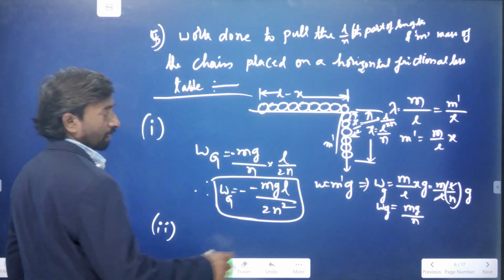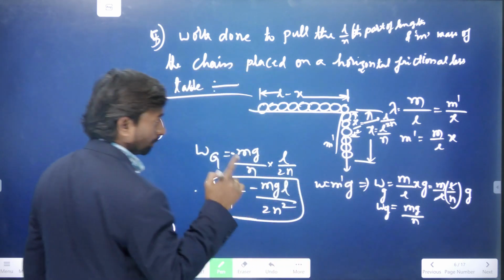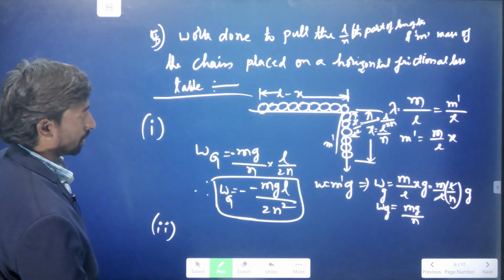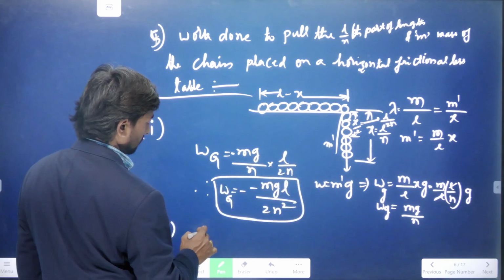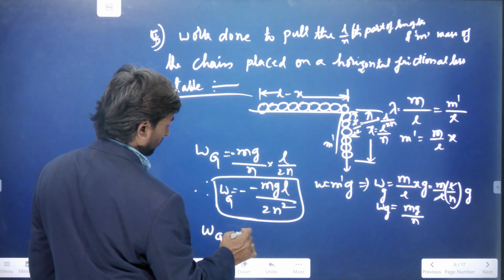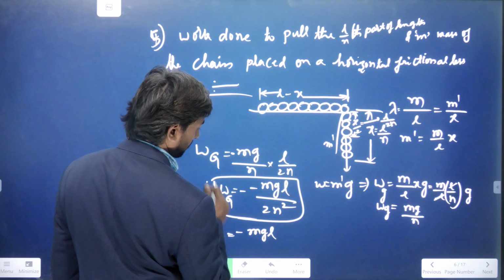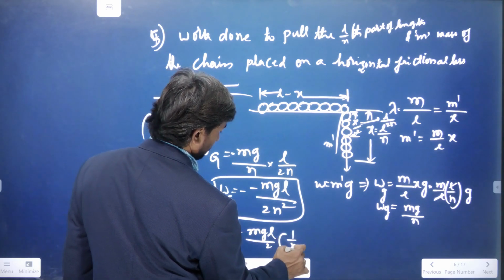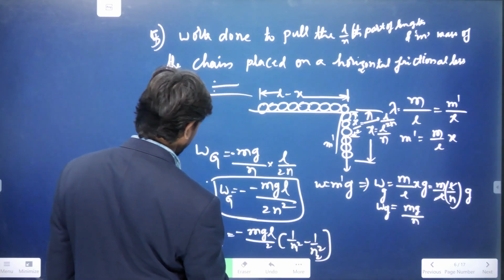So then the initial length of the part can be written as L by N1, okay, and the remaining part to pull it up. In this way, similarly we will get the work done by the gravity, which is minus mgL by 2 into 1 by N1 square minus 1 by N2 square. This is the second case.